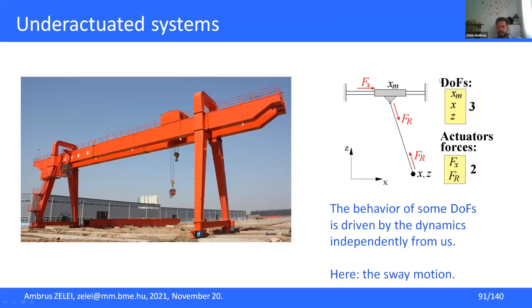If we take a closer look at a simplified model, we can say that we have 3 degrees of freedom. 1 degree of freedom is for the cart, which is moving up here, and 2 further degrees of freedom are for the payload. Don't forget that here the cable length is varying in time, so we can make it shorter or longer. So we have all in all 3 degrees of freedom, but we only have 2 actuators.